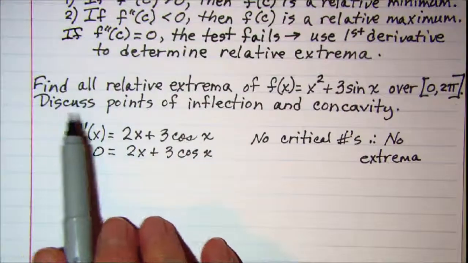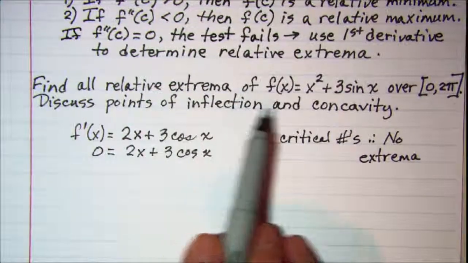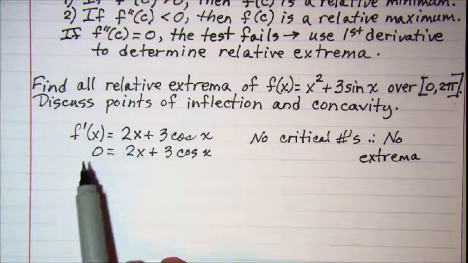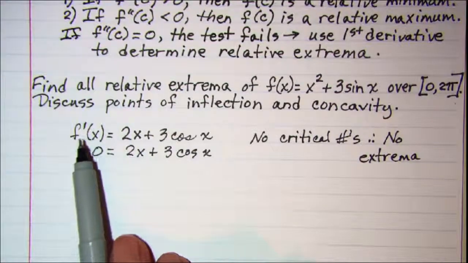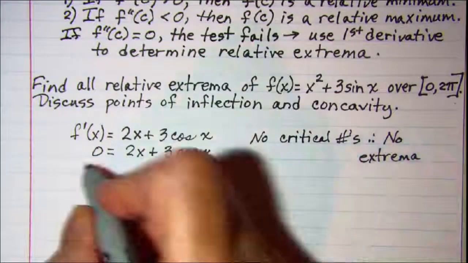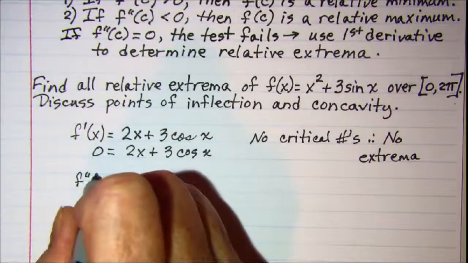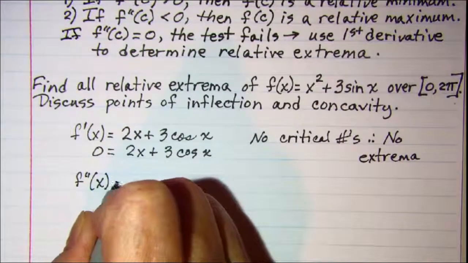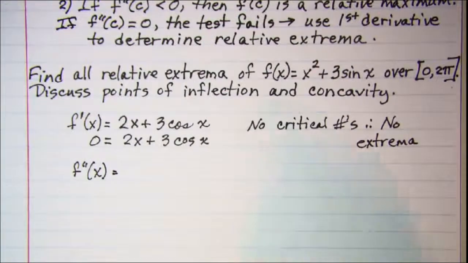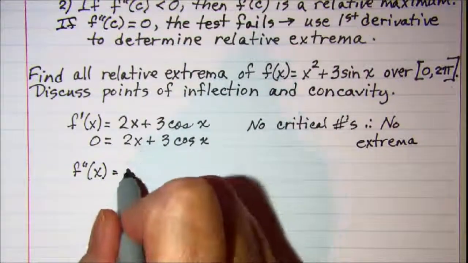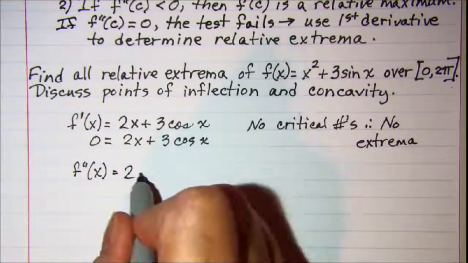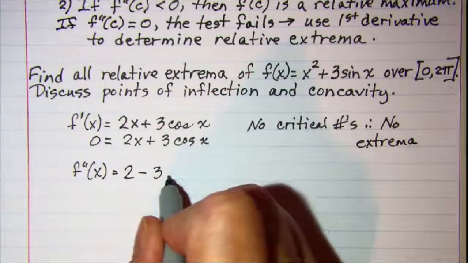Now we're also asked to discuss points of inflection and concavity, which means we need to find our second derivative. Let's do that now. Our second derivative will be 2 minus 3 sine x.